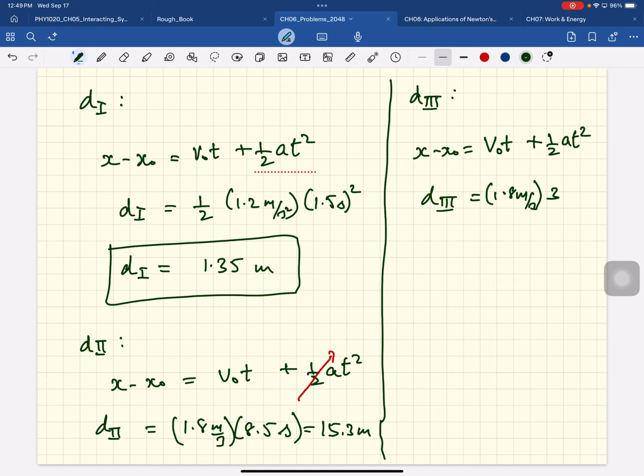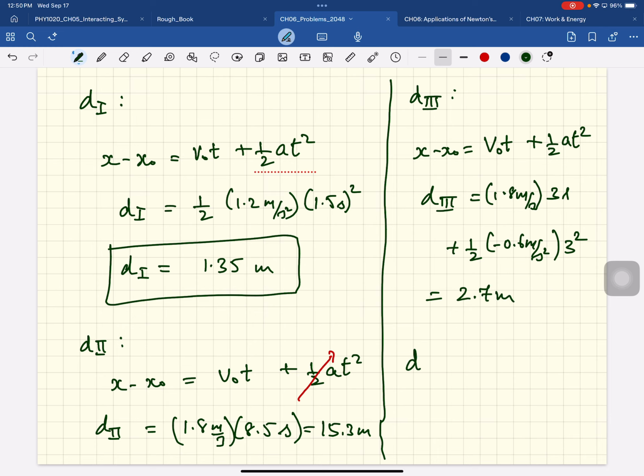And that journey lasted 3 seconds. What was the acceleration?